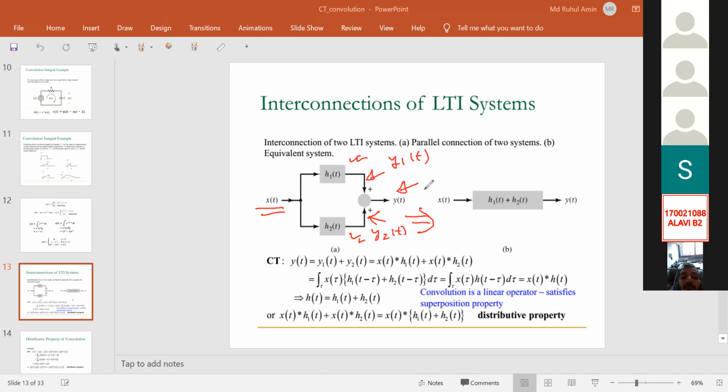Then your total output y(t) would be equal to y1(t) plus y2(t). Then your y1(t) can be written as x(t) convolution h1(t), isn't it? And your y2(t) is equal to x(t) convolution h2(t).